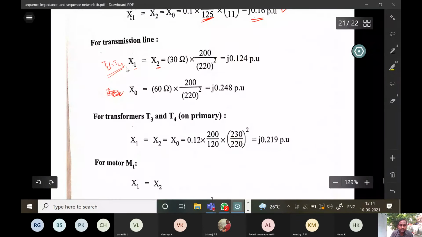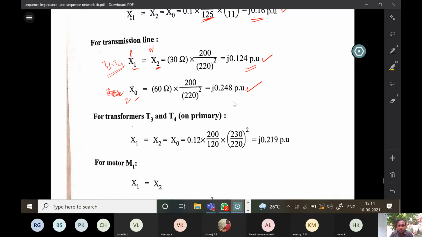X0 is the zero sequence; positive and negative are both equal. 30 ohm is given, so 30 into 200 by 220 squared, we will get j0.124 per unit. X0 is given as 60 ohm, so 60 into 200 by 220 squared, we will get 0.248 per unit. This is for the transmission line.